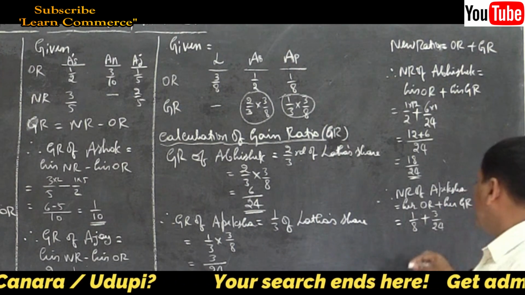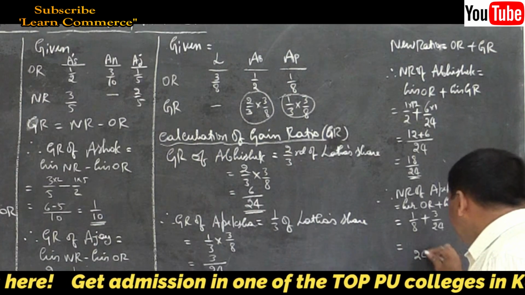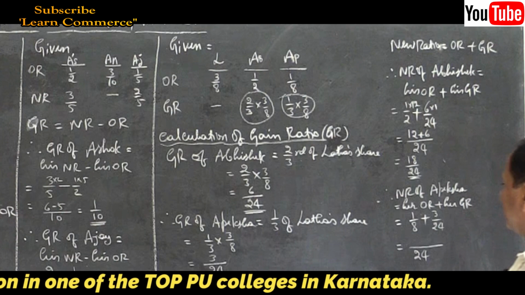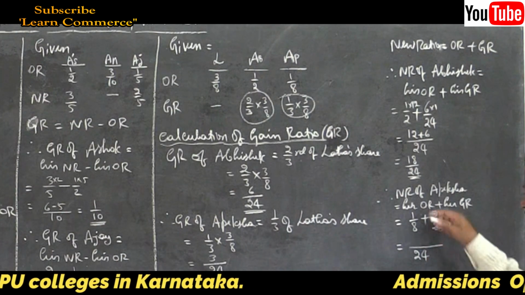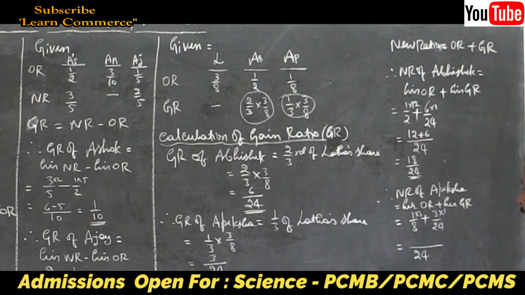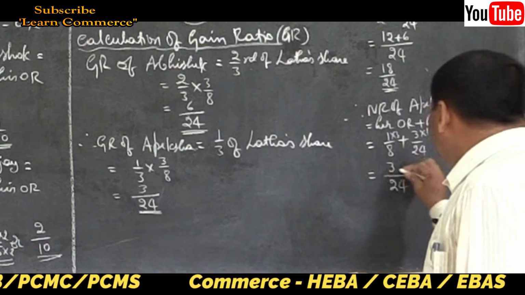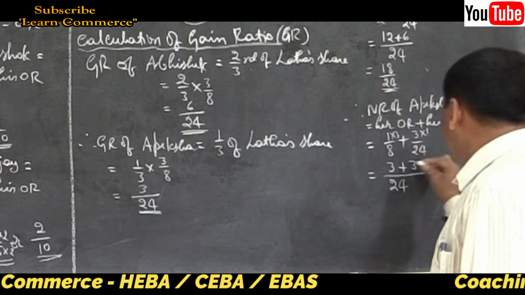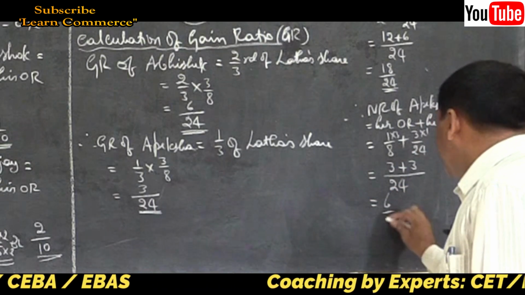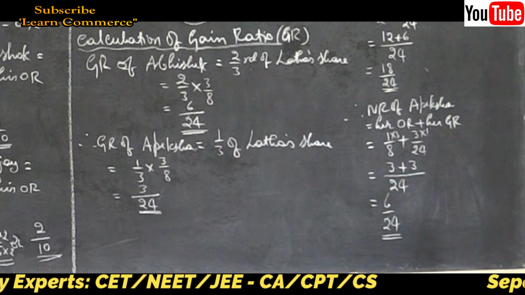Take 24 as the common denominator because this is divisible by both the numbers, 8 and 24. 8 3s are 24, so multiply the numerator by 3. 24 ones are 24, so multiply the numerator by 1. 3 ones are 3 plus 3 ones are 3 is equal to 6 by 24. 6 by 24. You got the answer.